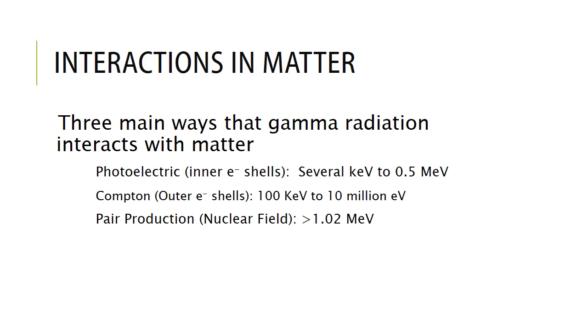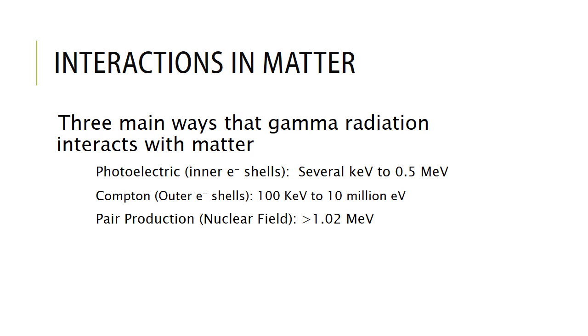Primarily, you're going to be focusing on Compton scattering and the photoelectric effect, but those are the three main ways that gamma radiation interacts with matter. You'll also notice that the Compton interaction typically occurs with the outer electron shells. The photoelectric effect occurs within the inner shells, and pair production occurs within the nuclear field.